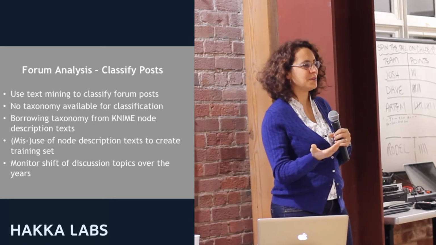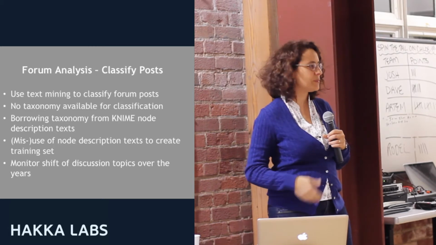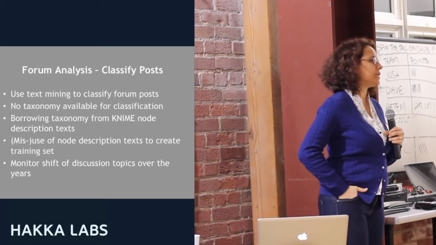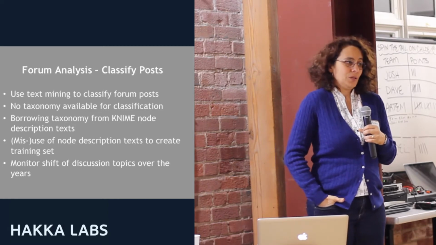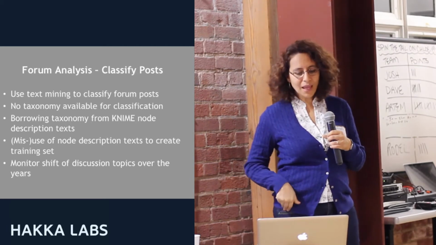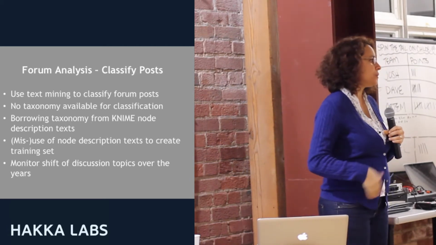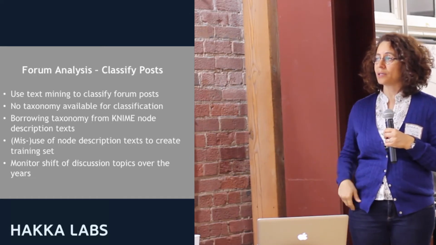A priori, I cannot say if they talk about databases, or reading input files, or looping. This is not available beforehand. So I need some kind of taxonomy to perform the text mining classification, to perform the document classification.